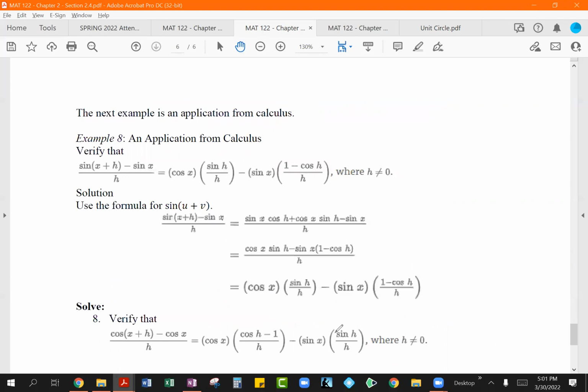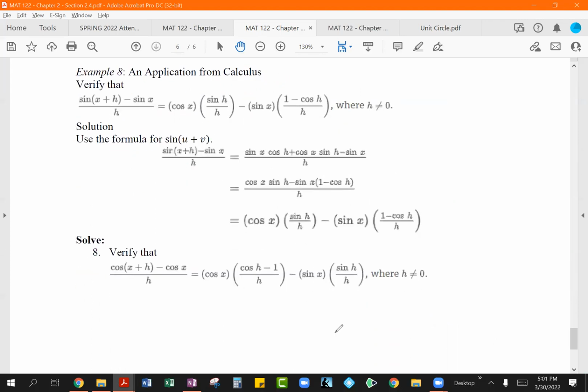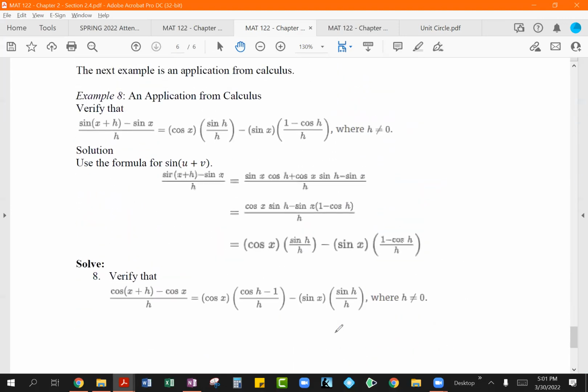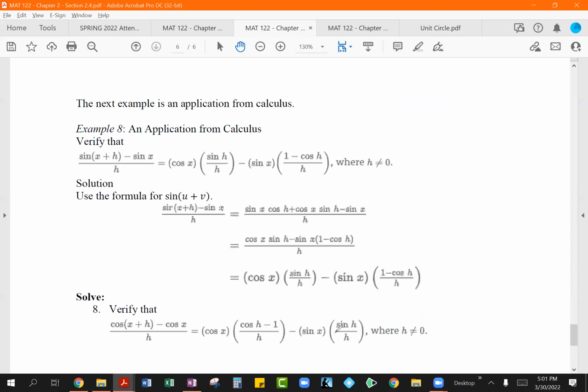This one over here, guys, was just to show you in generic terms how you can use this. So I would just say look over this example, but this one is just highlighting how we can use the sum and difference formulas to simplify some of these identities, basically verifying that those identities actually work.